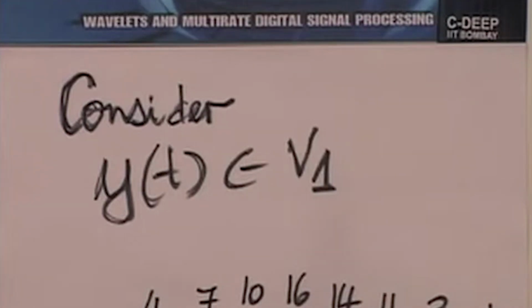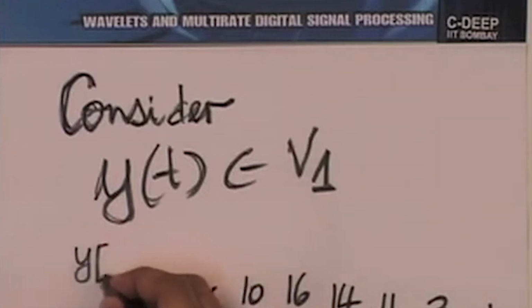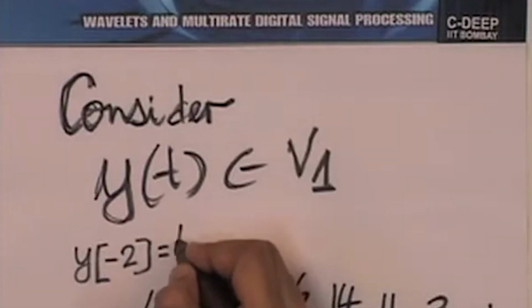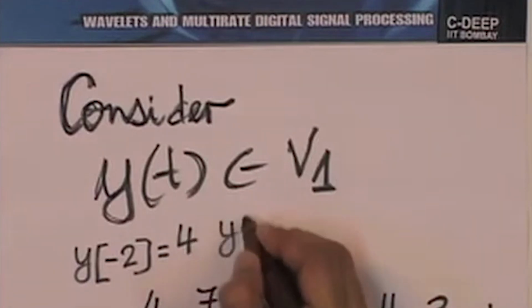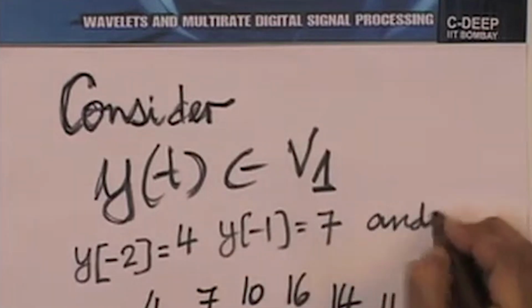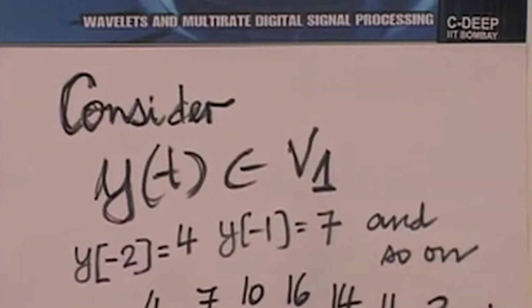So, in fact, the sequence as we understand it is here. For example, y at the sequence corresponding to this would have y at -2 equal to 4, y at -1 equal to 7 and so on. y at 0 is equal to 10, y at 1 is equal to 16 and so on and so forth. And of course, the sequence could be used in constructing the function from the basis.